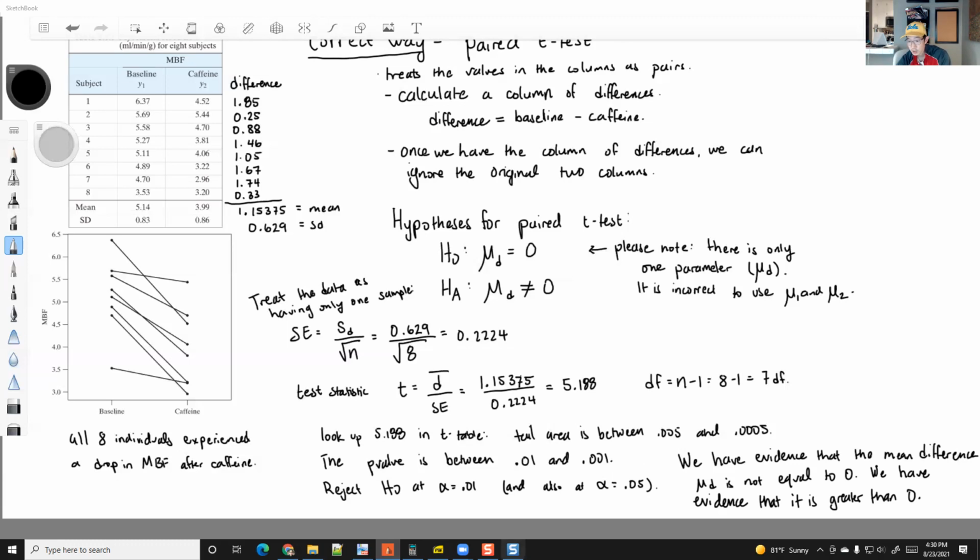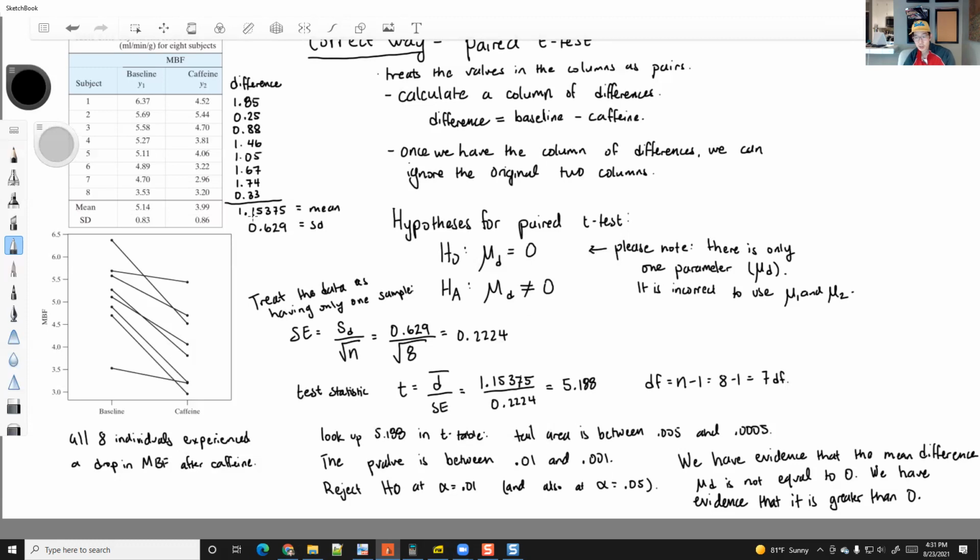Okay, and so we know that we can reject the null hypothesis. We reject the null hypothesis at the 1% significance level. And that gives us evidence in favor of the alternative, that the mean difference is not equal to 0. And if we look at the data, our mean difference is indeed greater than 0.